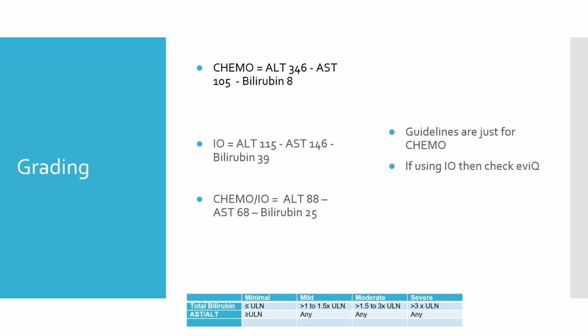So when we use the chemo guidelines, he's a mild derangement because his bilirubin is 1.25 times the upper limit of normal with an abnormal AST and ALT.